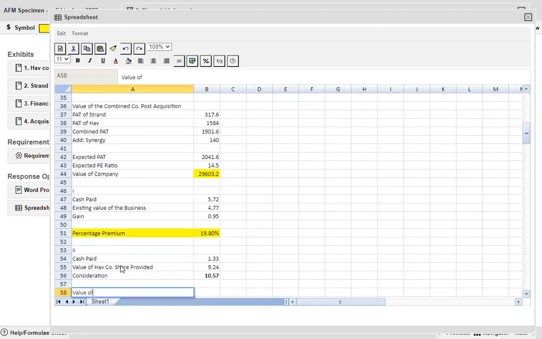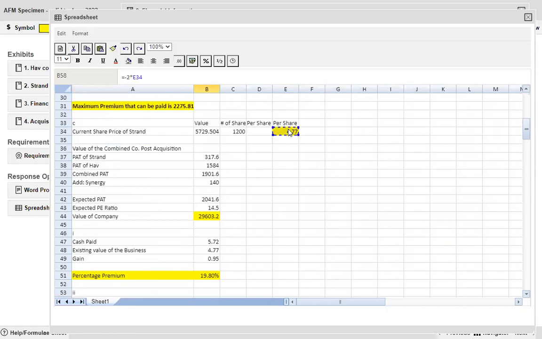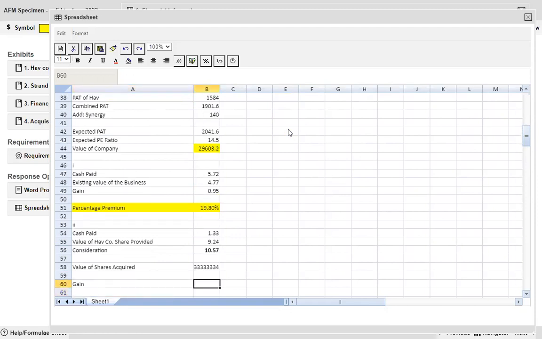The value of shares acquired is like this. You have got two shares of Strand company. So the gain is going to be what?